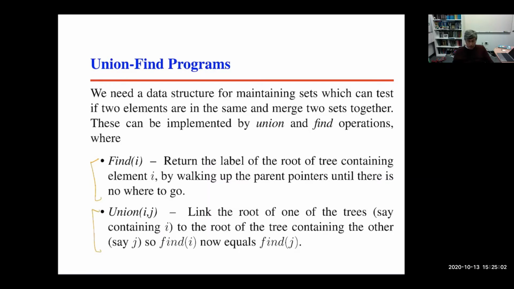And the idea here is we're going to maintain every subset of vertices by a rooted tree where things point up to the root. And we will then walk up the tree to find the root. That's kind of like finding the parent, as he was saying.